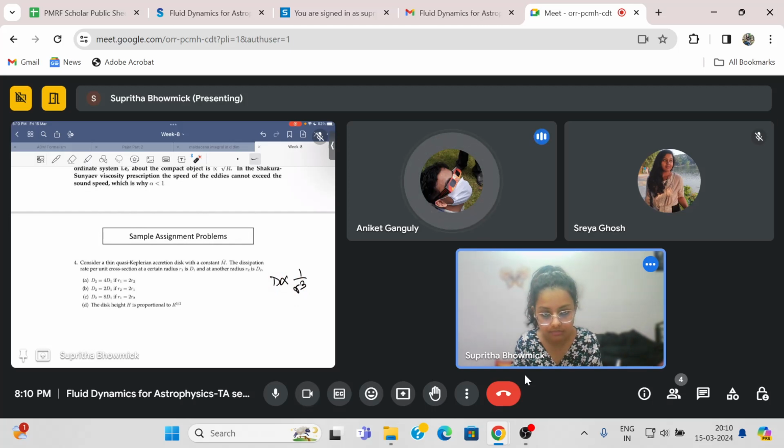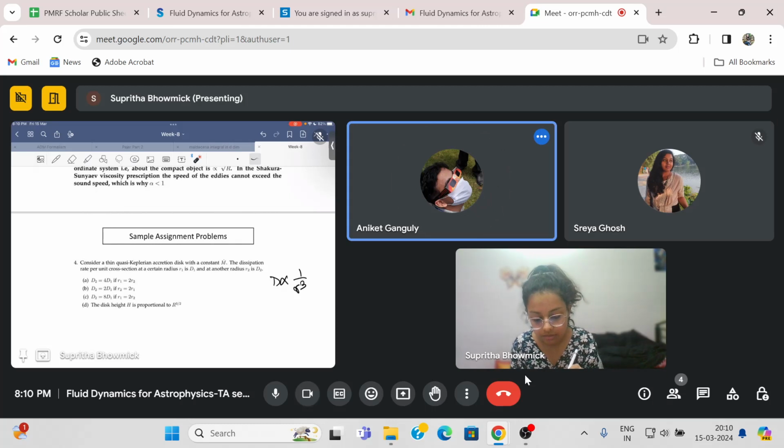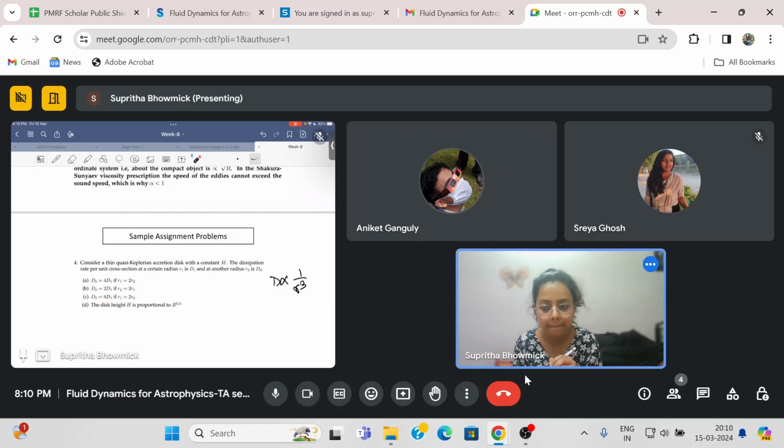It reduces 8 times. Absolutely. So D2 is D1 by 8 if R2 is 2 R1. Yes, so this is correct. We simply looked at the radial dependence of the dissipation because m dot was told to us to be constant and we had a thin disk approximation.